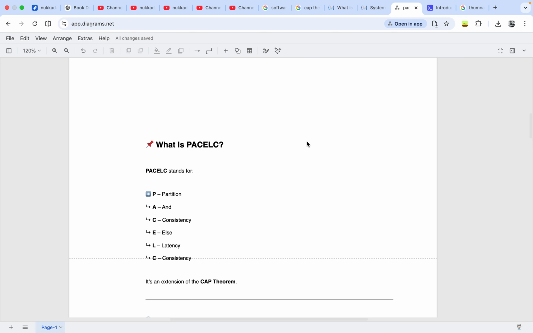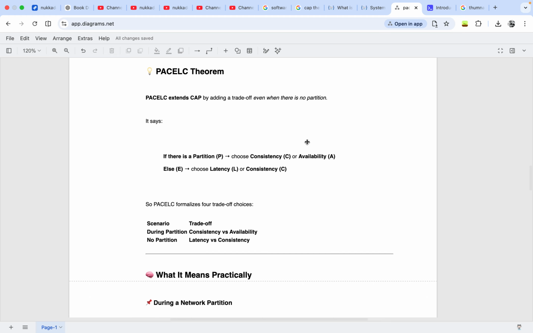Now let's go here. Here you can see the PACELC theorem. It is saying simply what I have told. It explains that PACELC extends CAP by adding a trade-off even when there is no partition. It says if there is a partition, choose consistency or availability, which is your CAP theorem. Else, choose latency or consistency.